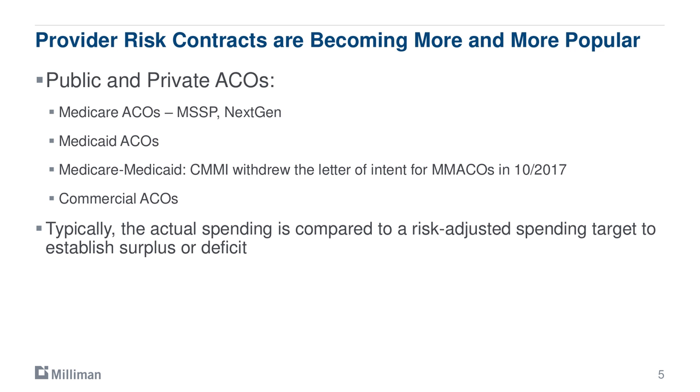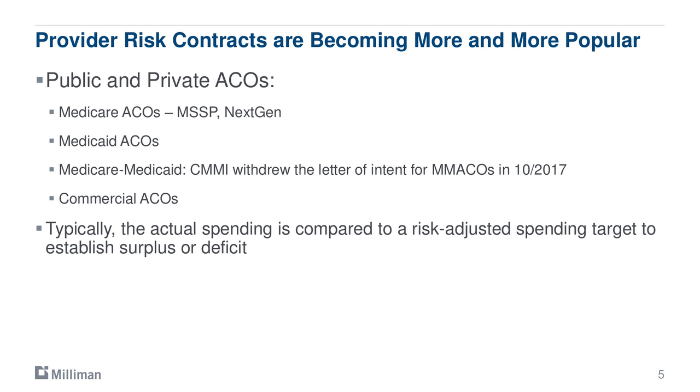Therefore, they withdrew the program. But the intent here is pretty clear that Medicaid, Medicare, dual eligibles could potentially also be wrapped under an ACO. And then finally, the focus of today's presentation, the commercial ACOs.